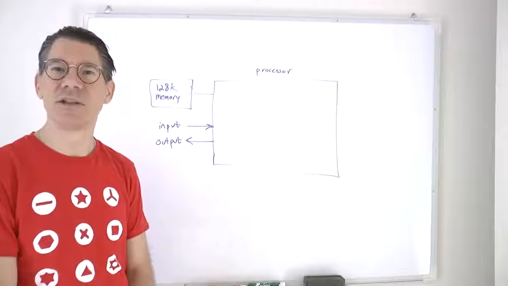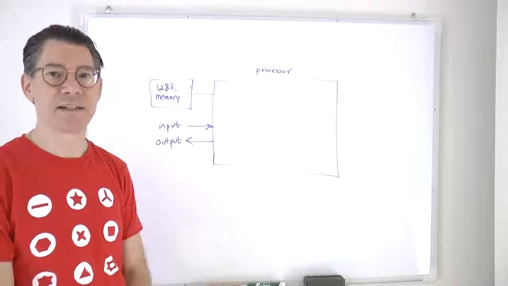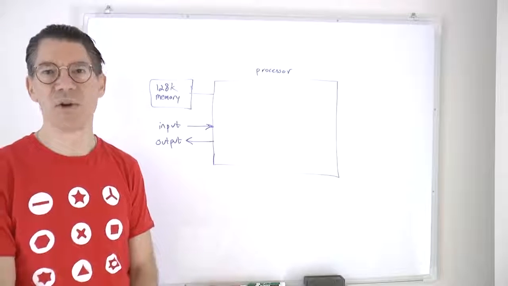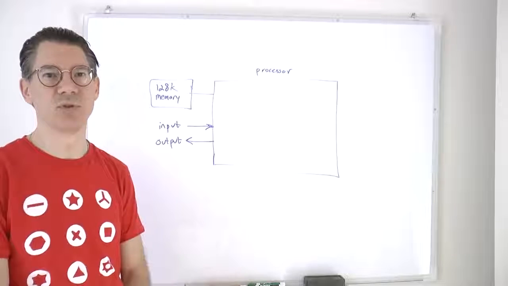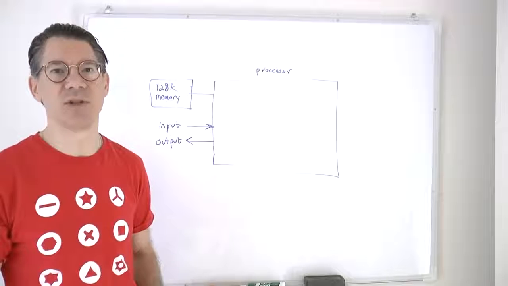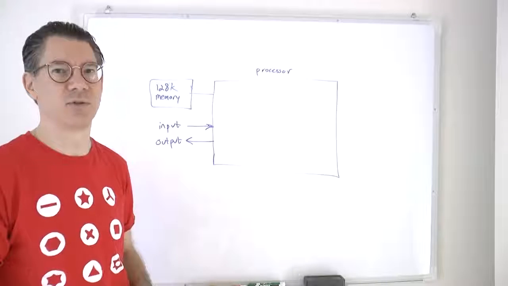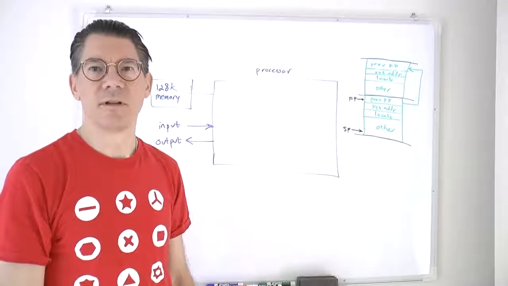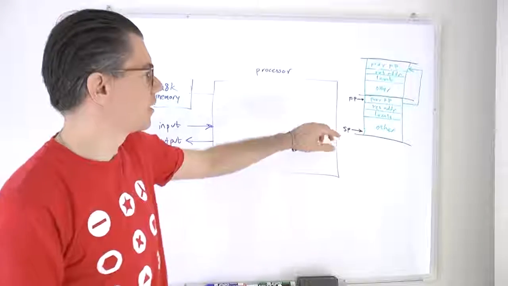And now let's talk a little bit about stacks and stack frames. So when you make a call to a routine, you have to be able to remember your local variables and remember the address that you want to return to when you exit your subroutine. So a typical frame looks something like this.